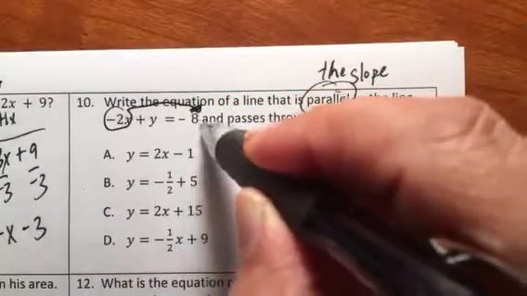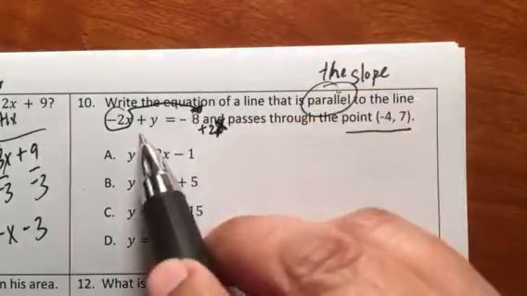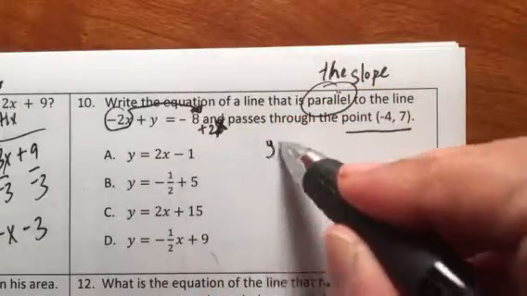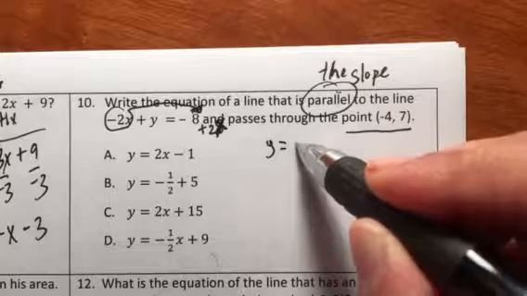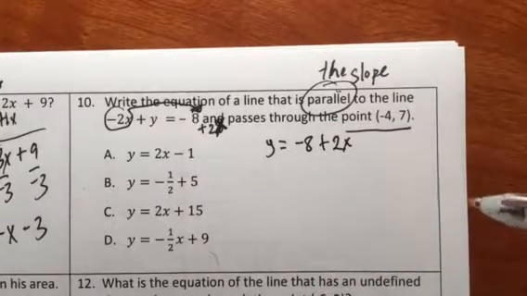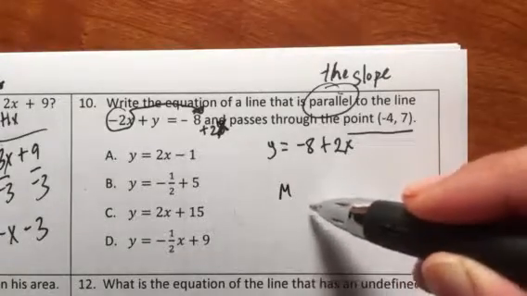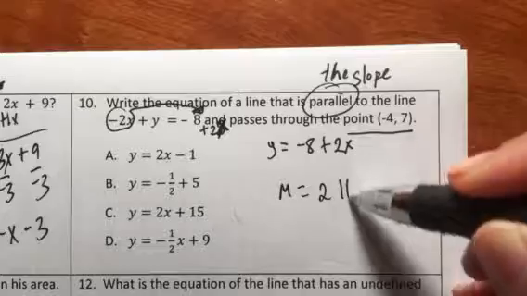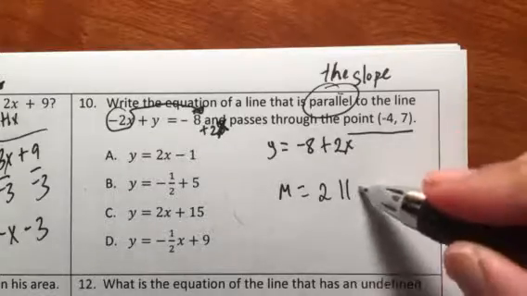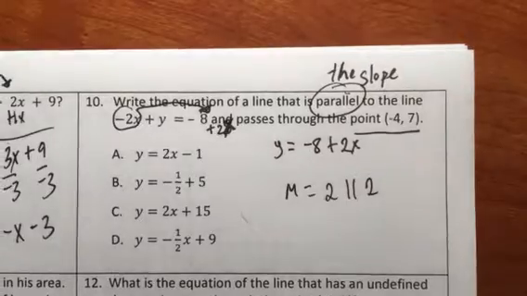So if I move this, this becomes a positive 2x. There's nothing to divide by, so my current equation is this, the negative 8 plus 2x. Now, my slope currently is 2. In order for it to be parallel, it has to be 2. And remember that symbol means parallel.